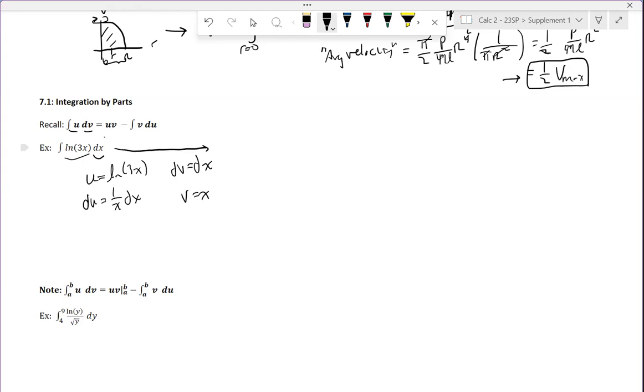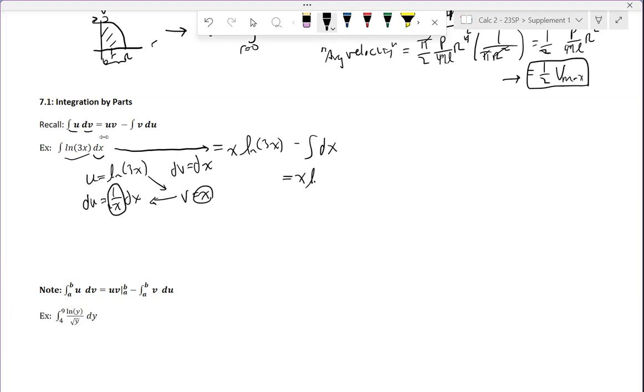So the integral of u dv becomes uv, x log 3x, minus the integral of v du. And nicely enough, in v du, x over x goes away. We just have integral dx, right? So a much simpler integral to do.